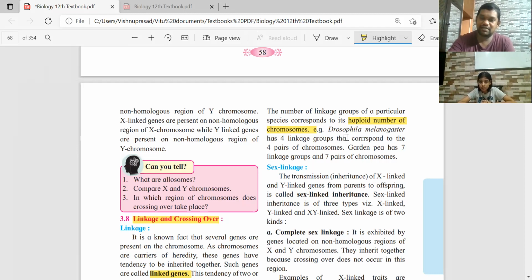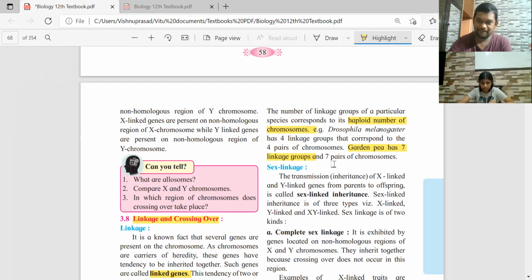Okay, that means the diploid number is 4 pairs. Because the diploid number gives the linkage groups. Similarly, the garden pea has 7 linkage groups.